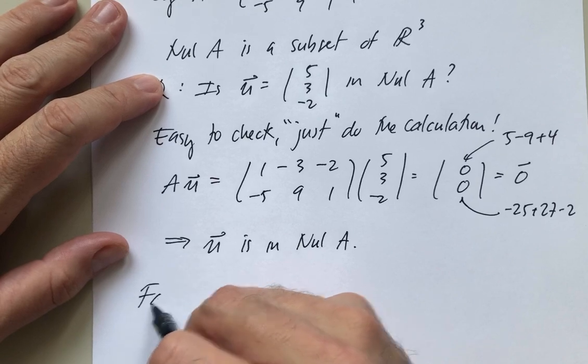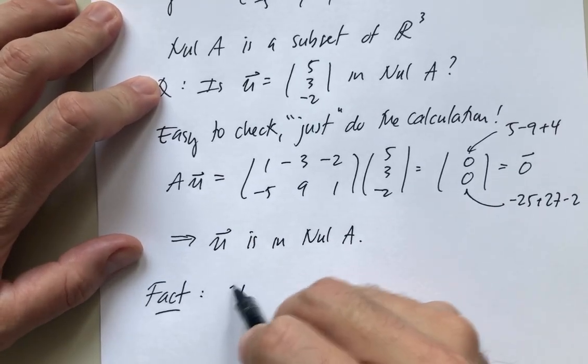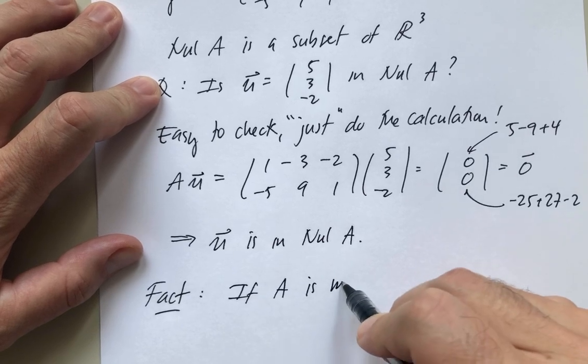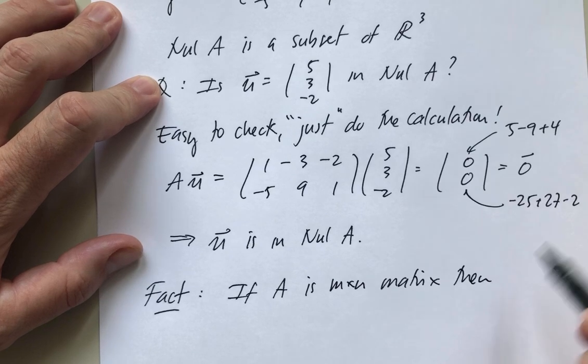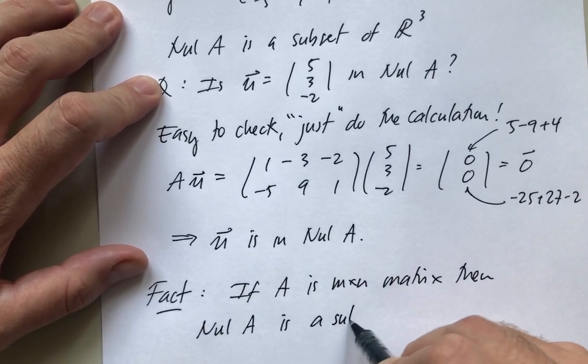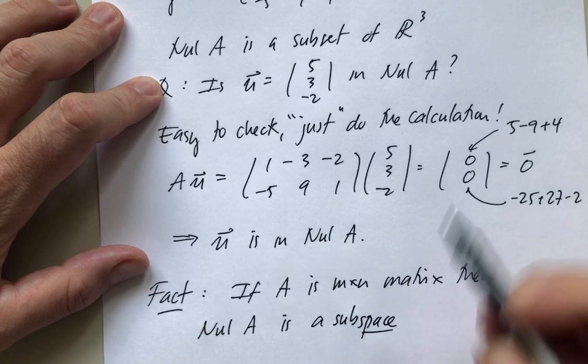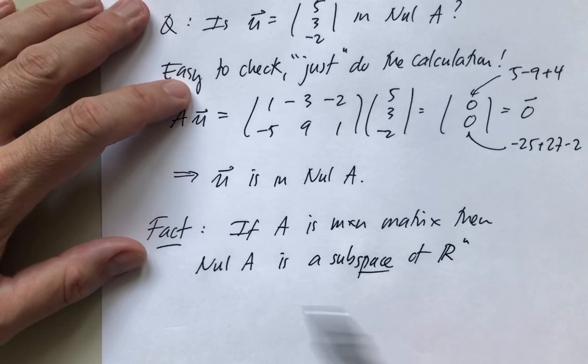Maybe the first important fact that ties this into the subspace theory is that if A is any m by n matrix, then the null space is not just any old subset, but a subspace of Rn. Now remember what that means.